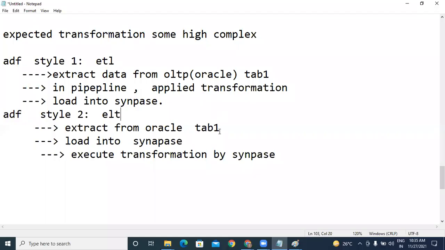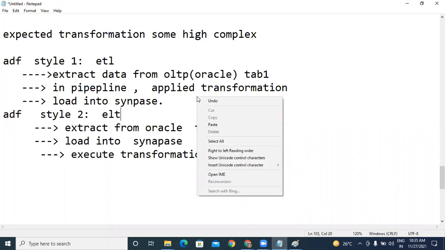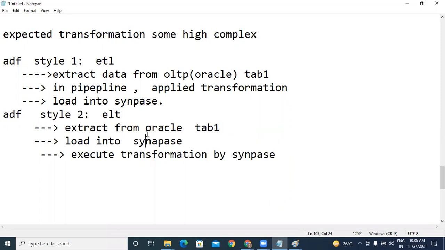This is style 2. Style 2 is ELT. Here, who performs the transformation? In the first case, the ADF engine. In the second case, who performed the transformation? Synapse.